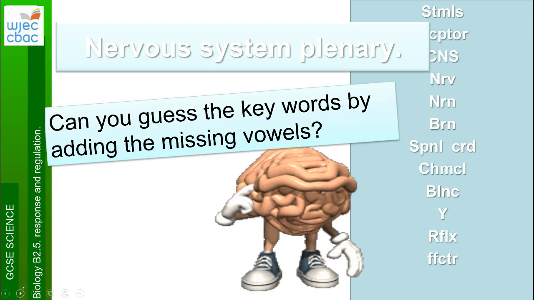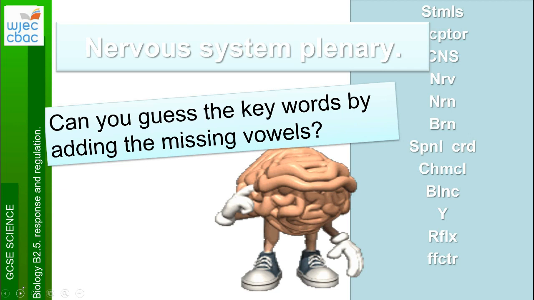So number 1, stimulus. Number 2, receptor. Number 3, CNS, the central nervous system. Number 4, nerve. Number 5, neuron.